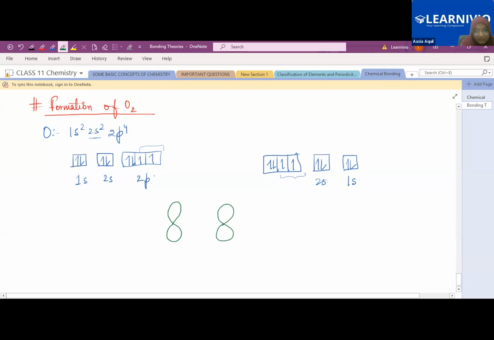How many 2p? 2p has 2 electrons, so 2 orbitals are there. So one orbital and the second orbital. I'm just showing the second oxygen's orbital with red color. Basically, we have to show the overlapping, so I will draw it here.